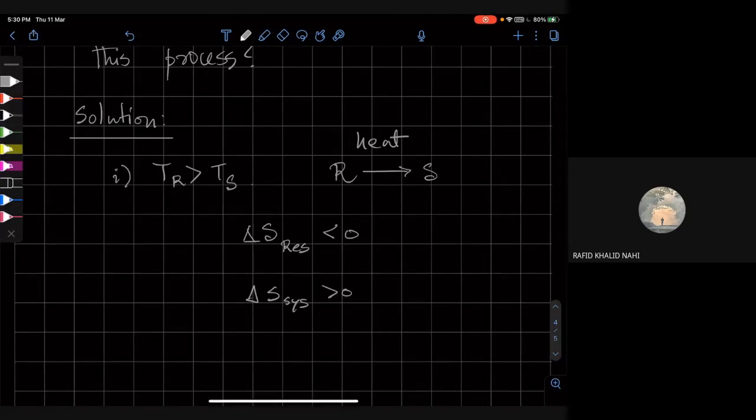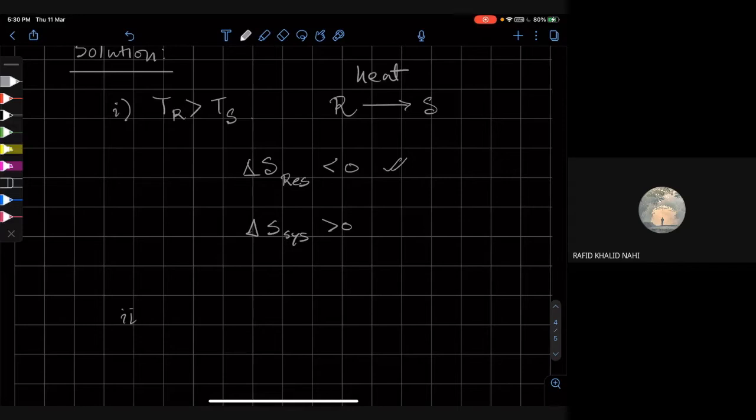Okay, so here we see that because this reservoir is not isolated from the rest of the universe, its entropy can actually decrease. Okay, so entropy can decrease. And in the second scenario, where the system has greater temperature than the reservoir, the opposite will happen, right?